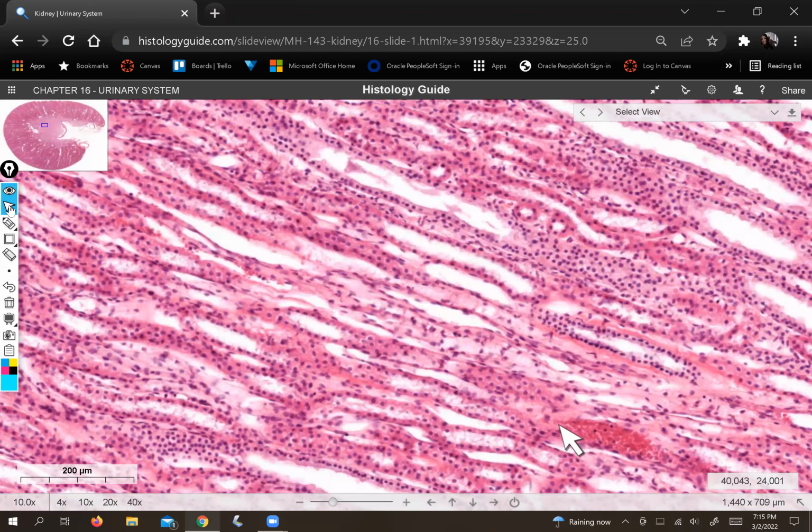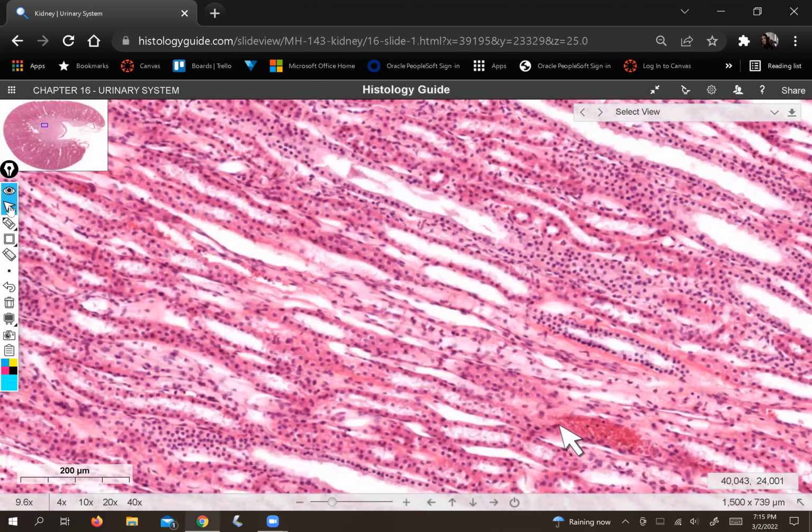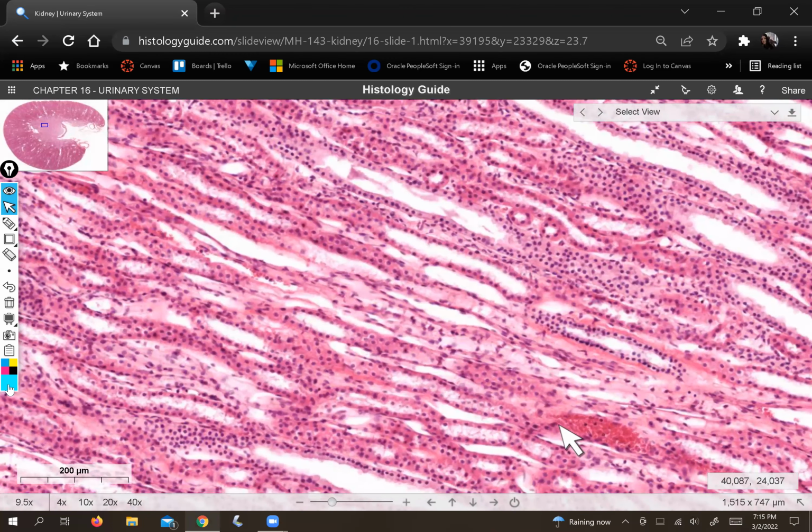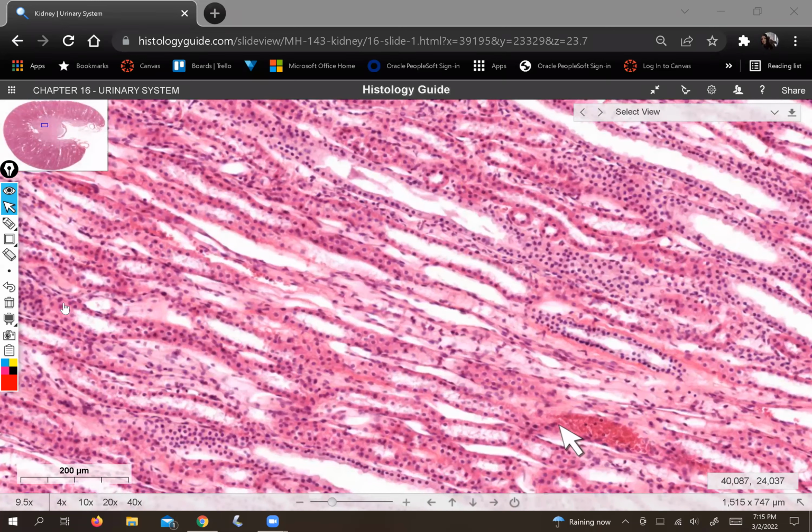Let's go look for some stuff. Just going to give myself a very little dot. So if I look at certain tubes, I can see erythrocytes in this tube. It's very thin and it's running vertically.